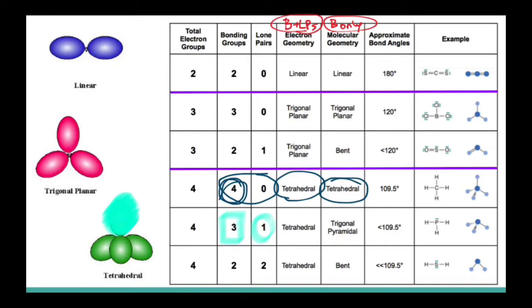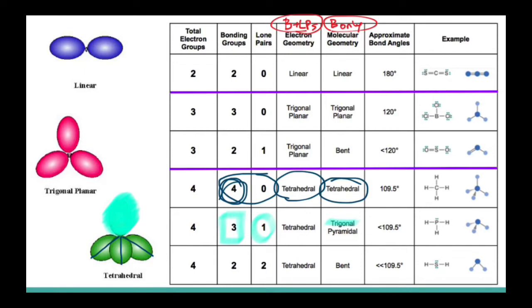And then that should hopefully make you think, well, that's going to be triangular, trigonal, which it is. But even though we can only see those 3 bonded atoms, and that lone pair is invisible to our eyes now, it is still there, and it's still having an effect on those 3 bonded atoms. And if you look at this, these 3 bonded atoms are at a slight angle here. They're not a flat triangle.